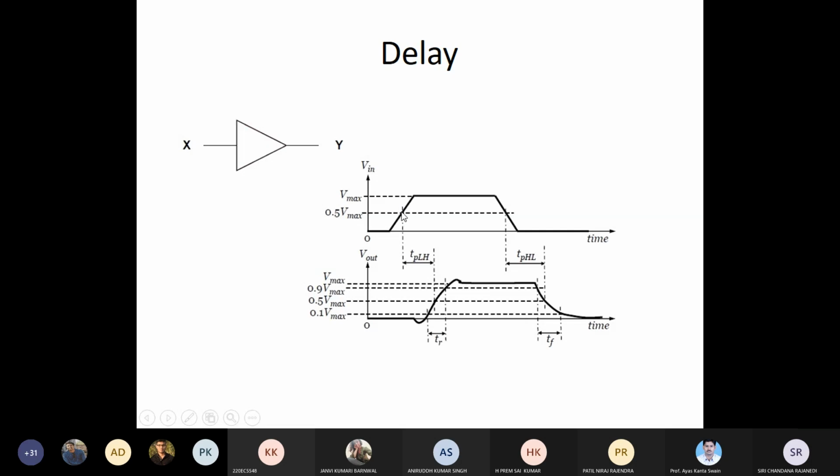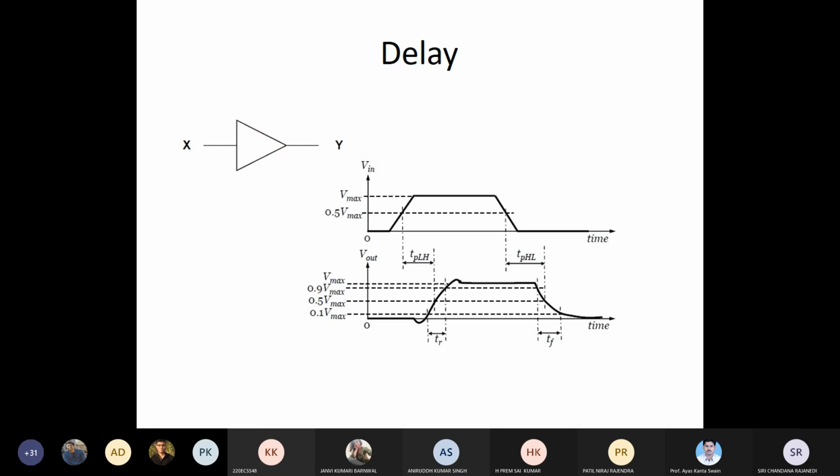You can see when input is at 50% of Vmax and output is also at 50% of Vmax, at that time the difference is called TPLH, because your output is transiting from low to high. Similarly, on the right side, output is transiting from high to low. So at 50% of input and 50% of output, it is called TPHL.